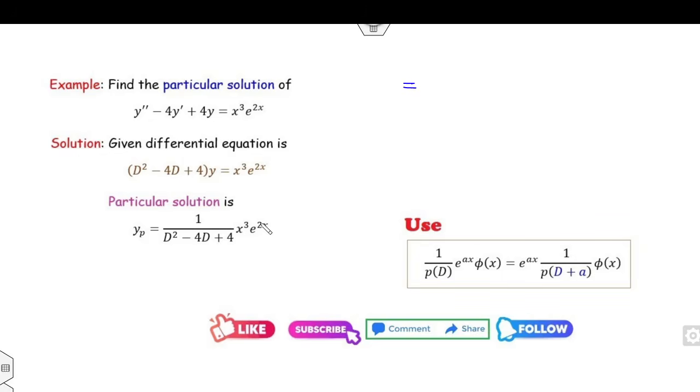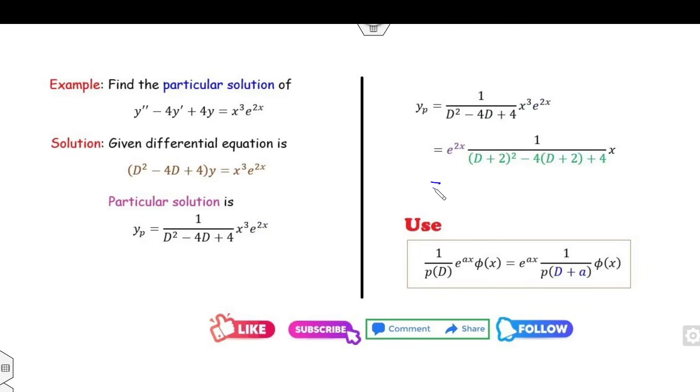What is the rule? I can take the exponential component outside and then replace capital D with D plus a. The coefficient of x is 2, so wherever capital D is written, I replace it with D plus 2. The exponential term is outside, and the remaining part is only x cube.